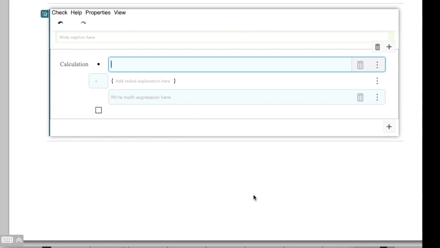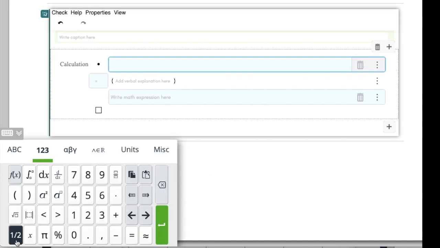Besides the standard mathematical notation, you will find a lot of other symbols in the math panel. And if you are hovering over one of these symbols, like let's say this, then it shows you how to write this from the keyboard. So let's say here you have the caret, here is caret 2.